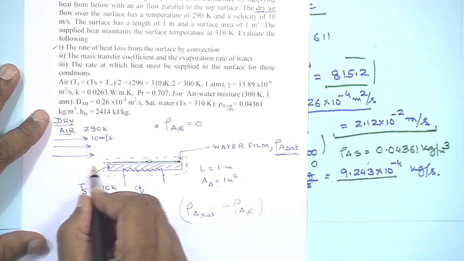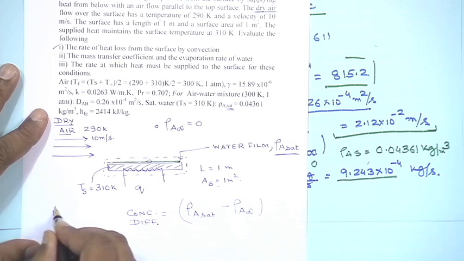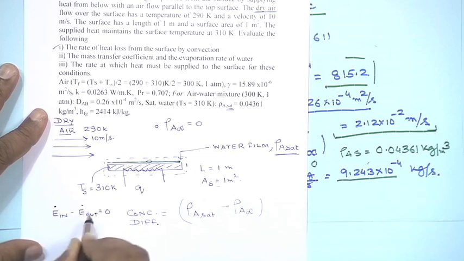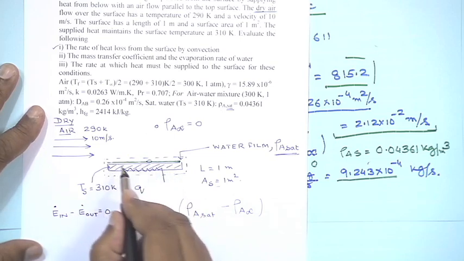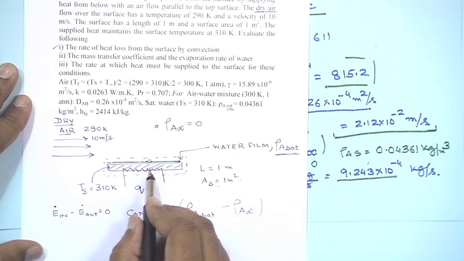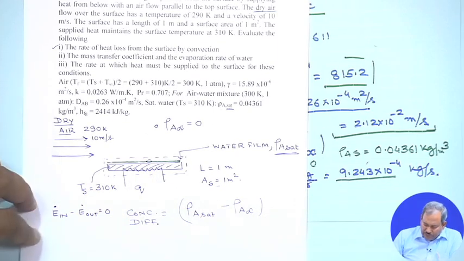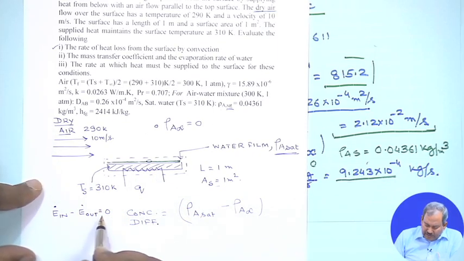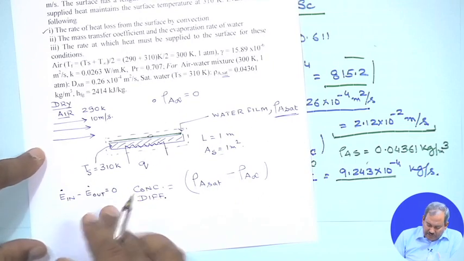So, for this control surface, E dot in must be equal to E dot out, because nothing gets generated here, and it is at steady state. So the right hand side is 0.